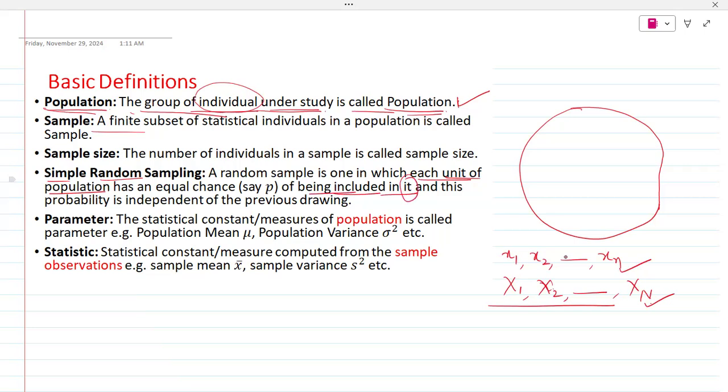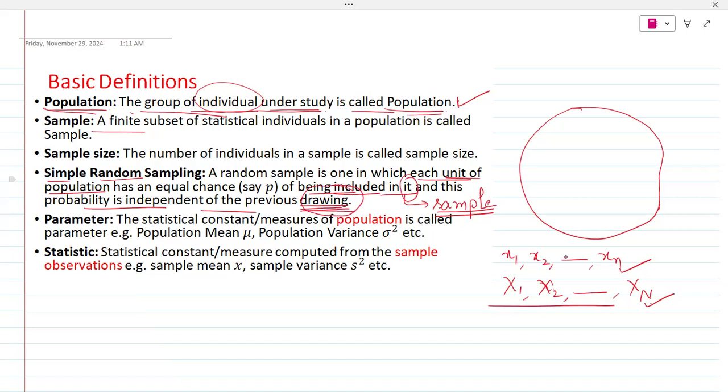What does this refer to? It refers to the sample. If each population unit has the same probability of being there in the sample, and this probability is independent of the previous drawings, meaning the previous selection of sample observations, here drawing means selection, then this is what we call SRS, simple random sampling.